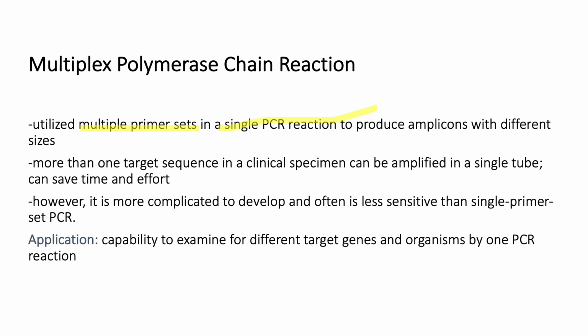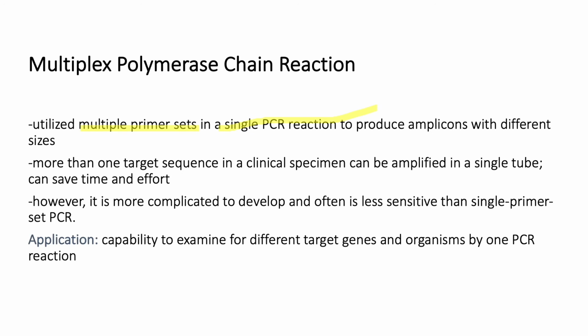Tama. Pangatlong consideration, real-time PCR machine po ba gagamitin or conventional PCR machine? Kung real-time PCR machine ang gagamitin, wala tayong problema kasi siya na bahala mag-analyze nung run na yon. Pero kung conventional PCR machine ang gamit natin, magkakaproblema tayo. Why?